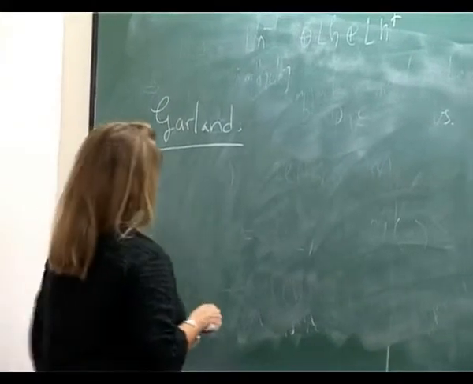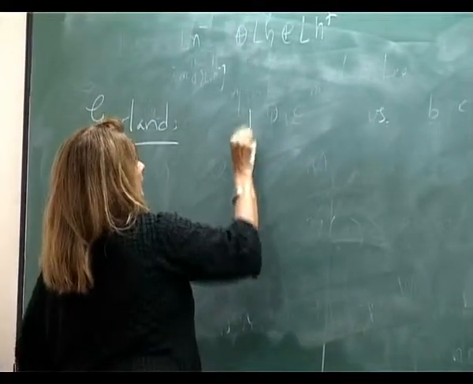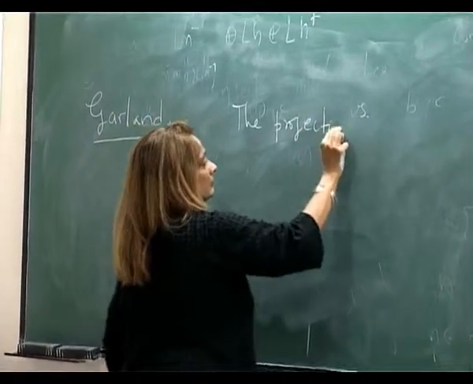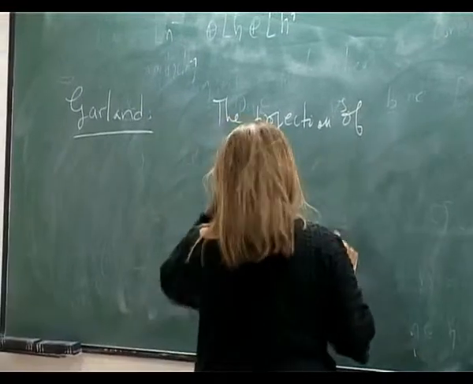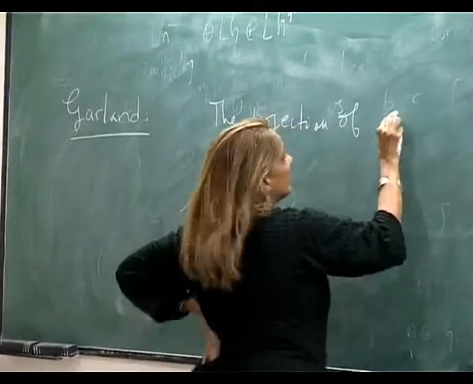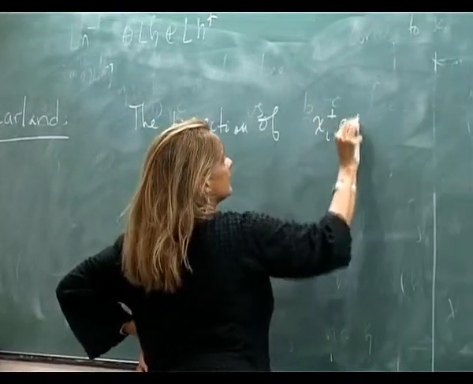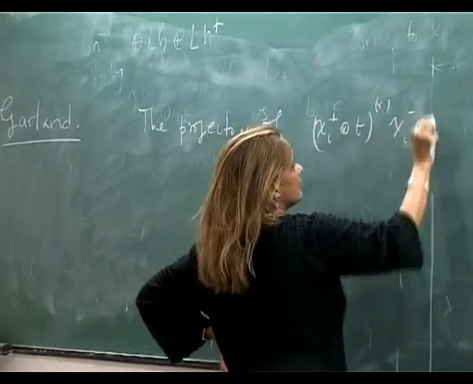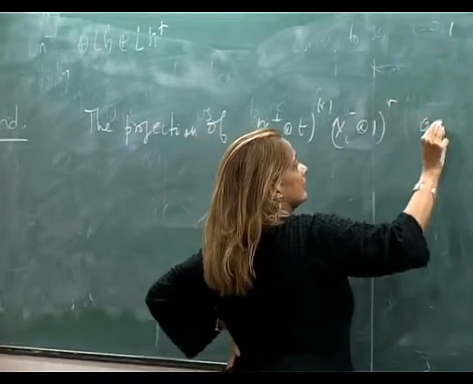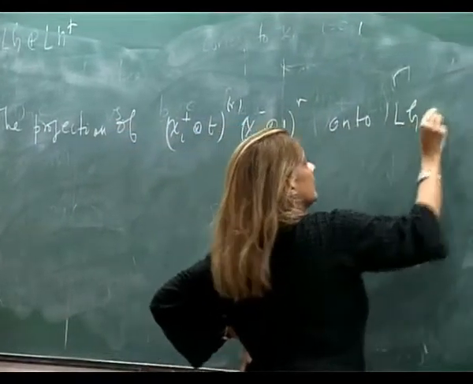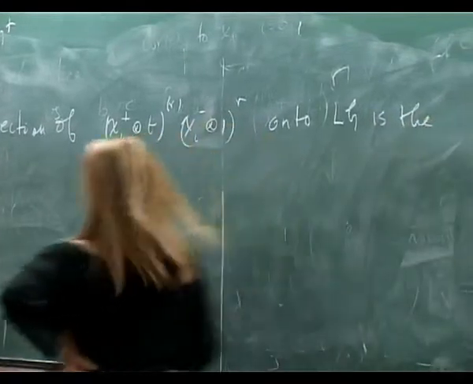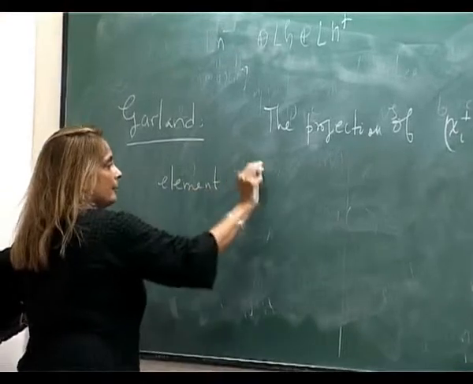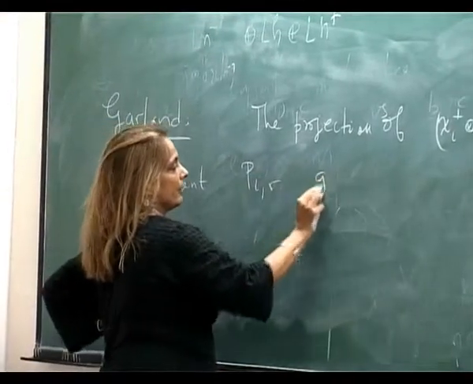So the projection of xi plus tensor t to the r, xi minus tensor 1 to the r onto LH, I'm a bit worried about my signs at the moment, is the element PIR given as follows.